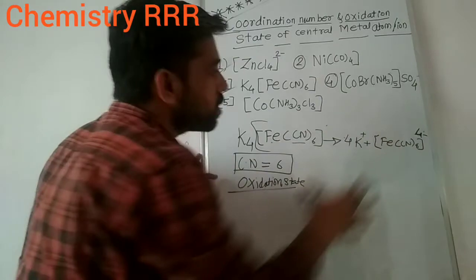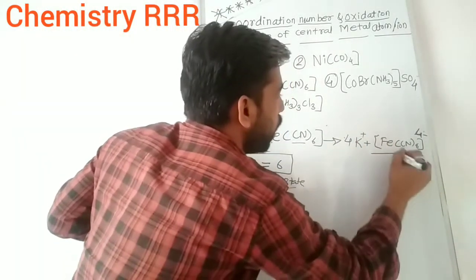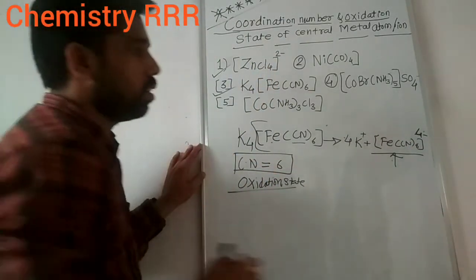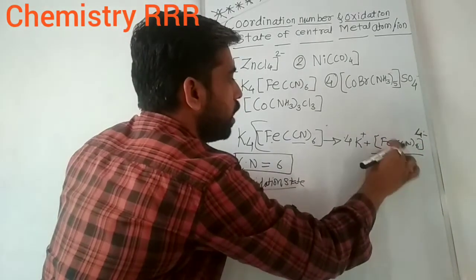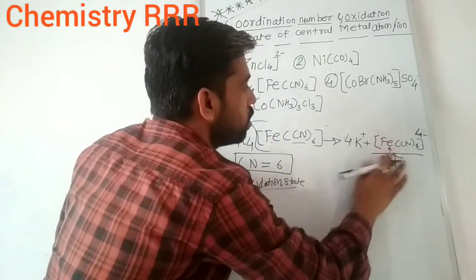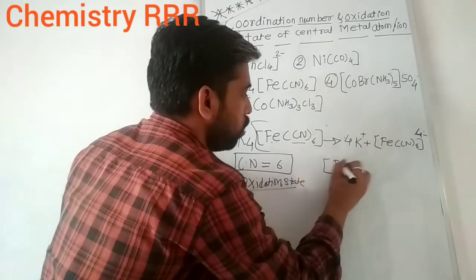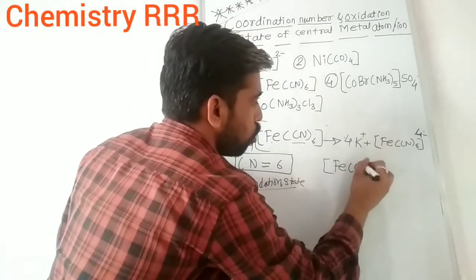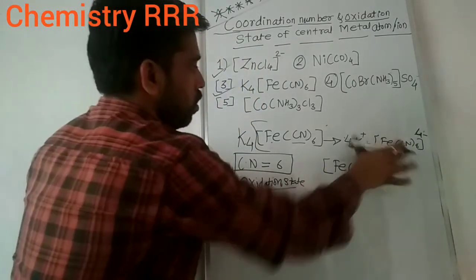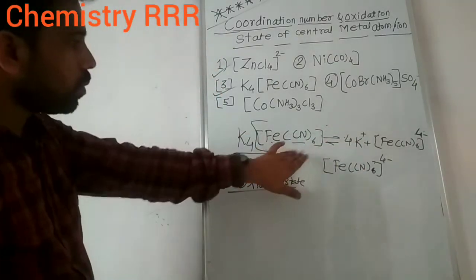Only for our understanding we dissociate this complex, and we also write it in equilibrium. Then find the oxidation state of the central metal atom of this complex ion.